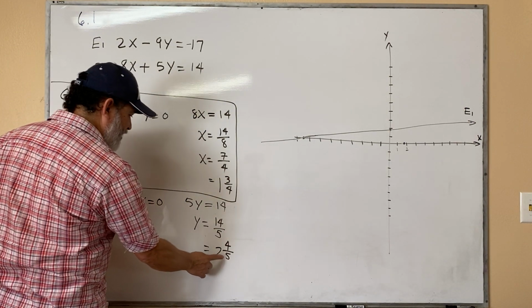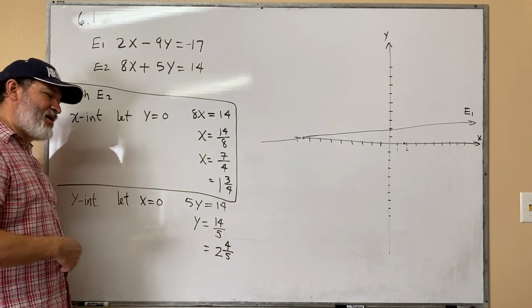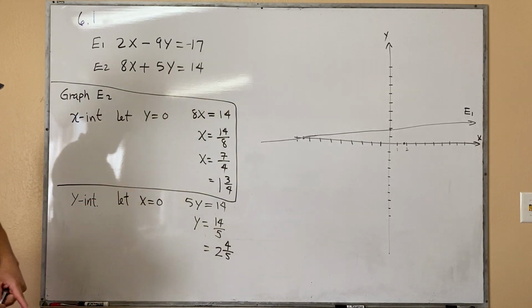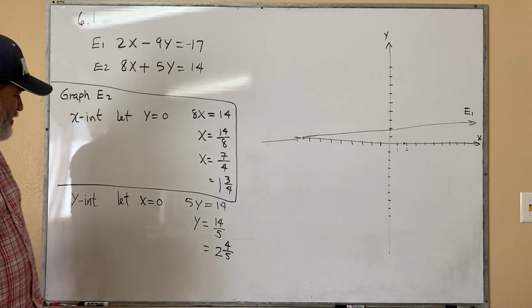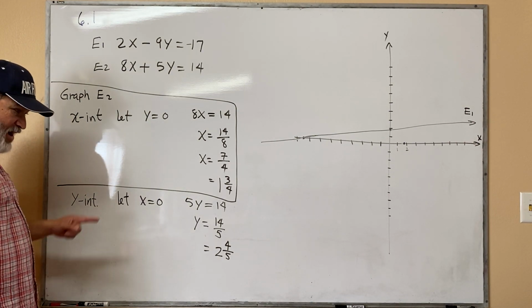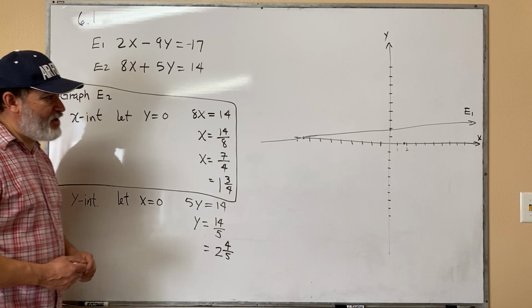So 5 times 2 is 10, plus 4 is 14 over 5. So when x is 0, y is 2 4/5.